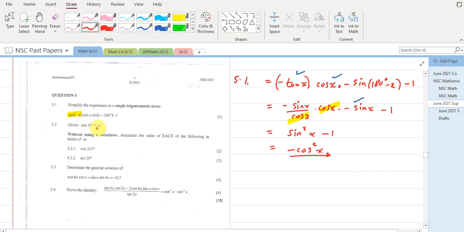Cos of 35 degrees is equal to m. Without using a calculator, we need to draw a triangle here. Let's draw a proper triangle with all these angles.